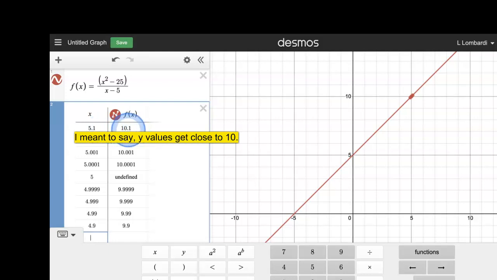Farther away, it's 10.1, but then it gets 10.01, 10.001, and so forth. So you can see on both sides, coming from the left and the right, the y values are getting closer and closer to 10. And we ask you to do this so that you get a really good understanding of what we mean by the y values approaching a certain value. And it helps you to see it visually and understand the problem more fully.